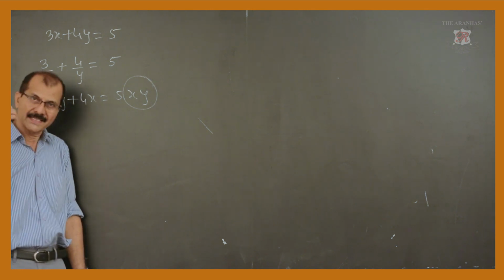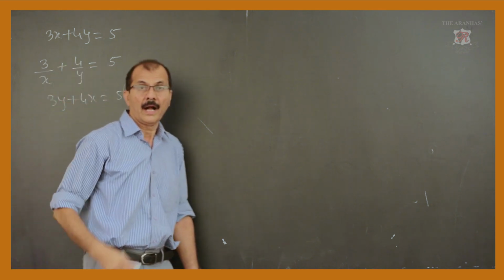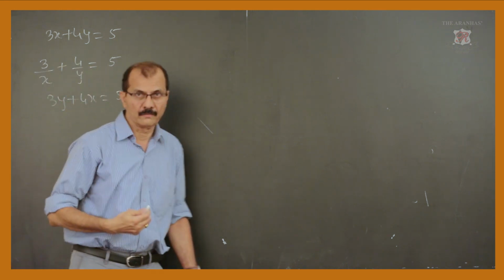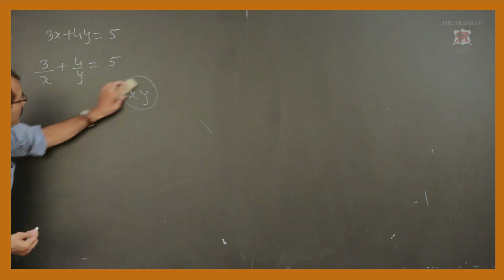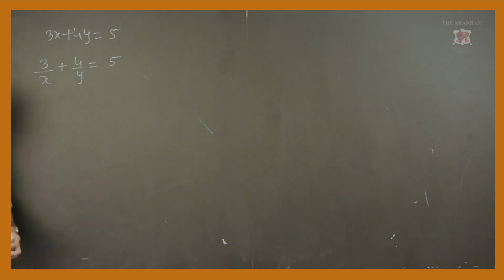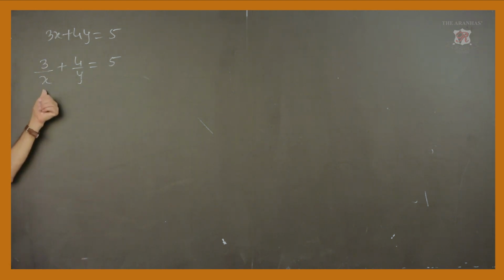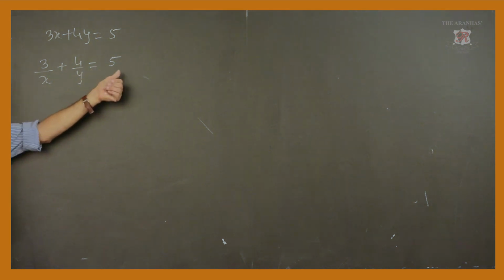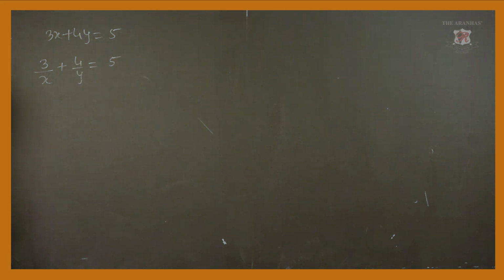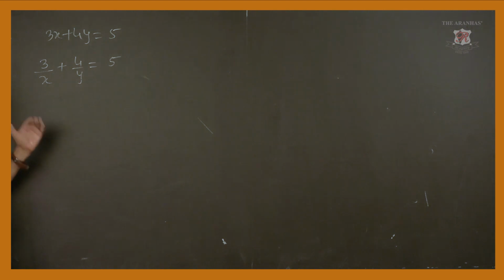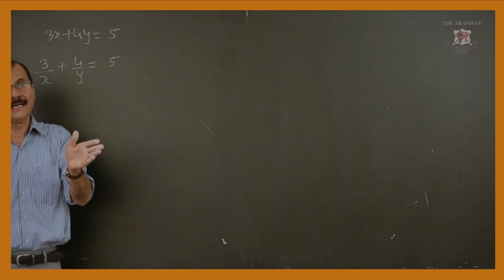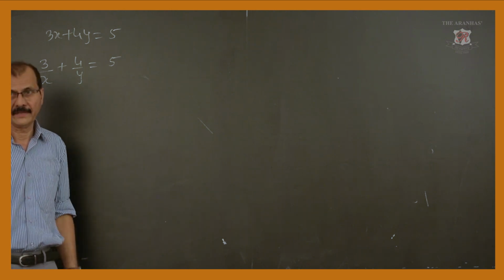Then, if you get such type of equation, how are we going to solve it? For example, 3 upon x plus 4 upon y is equal to 5 is one equation given to you. Then, how are we going to reduce it to a linear equation in two variables?